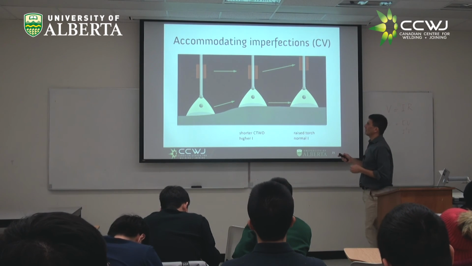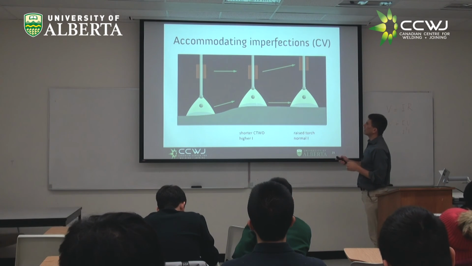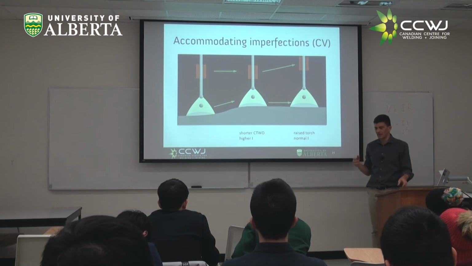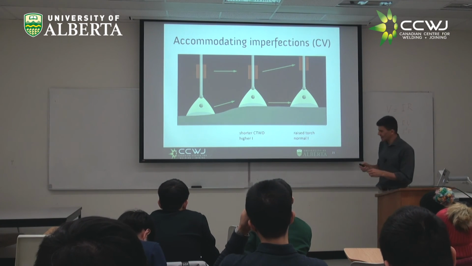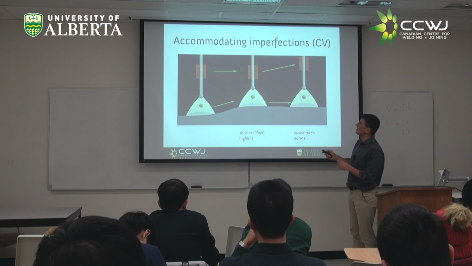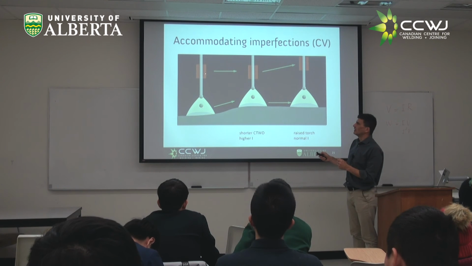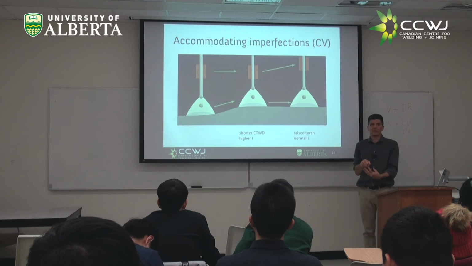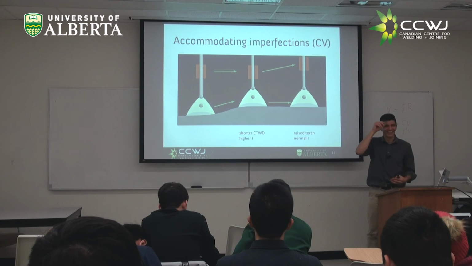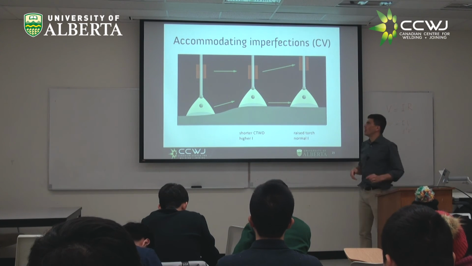OK, look, you can accommodate imperfections. For example, something we're working on in the lab, and it seems to be an endless pending job. Imagine you can adjust the torch standoff, for example, with an Arduino and a servo motor.